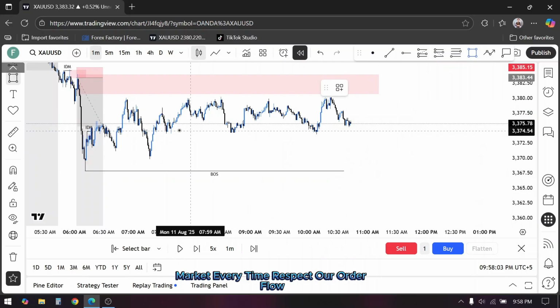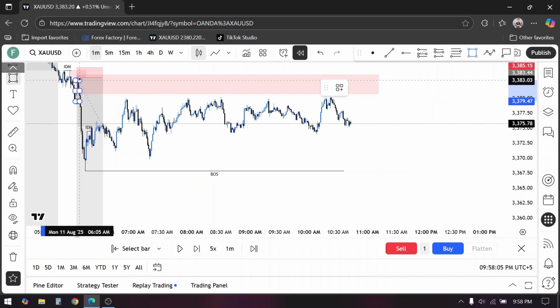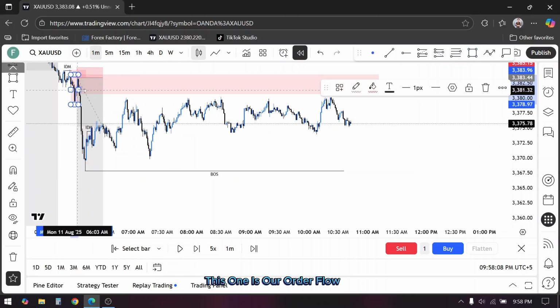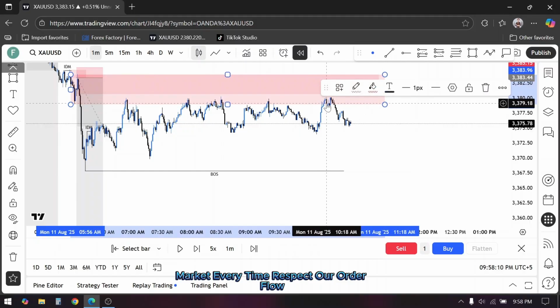Market every time respects our order flow. This one is our order flow. Market every time respects our order flow.